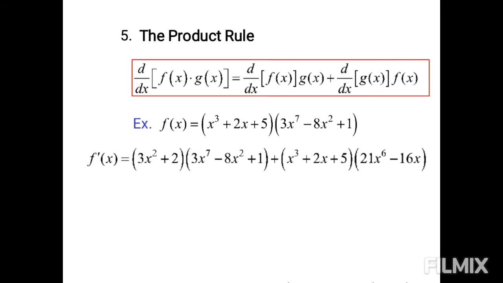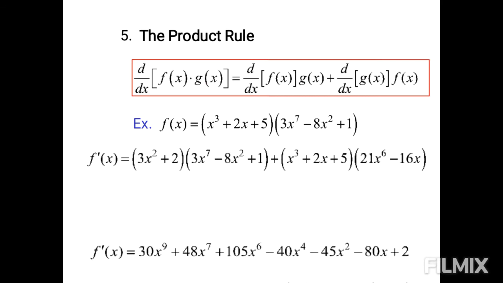And what will be our answer? When we perform this, we will have 30x raised to 9 plus 48x raised to 7 plus 105x raised to 6 minus 40x to the 4th minus 45x squared minus 80x plus 2. Make sure that whenever you are performing these operations, you combine those like terms just like what we have here.